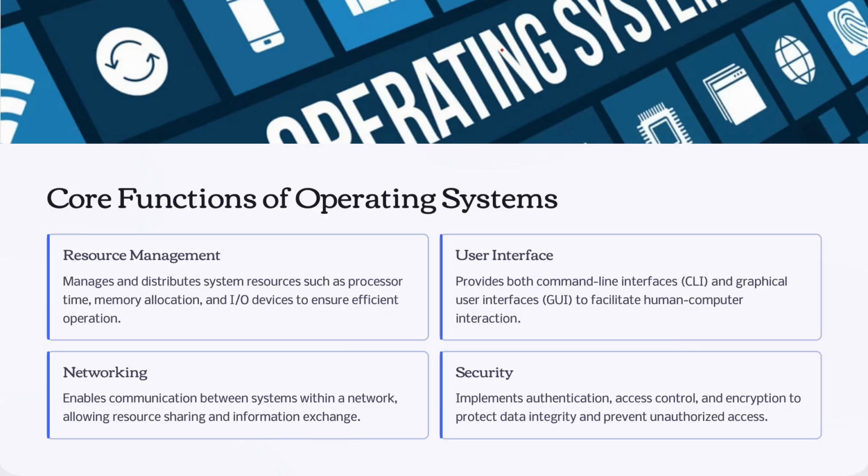User interface offers graphical user interfaces and command line interfaces. Networking enables communication and sharing across systems. Security enforces authentication, access control, and encryption. These ensure both efficiency and safety in computing environments.